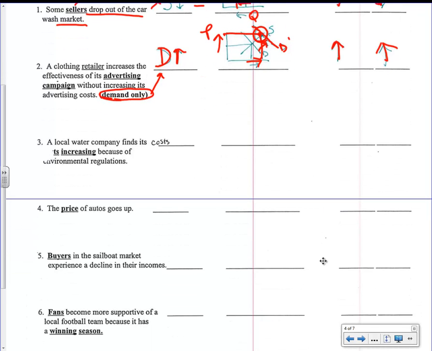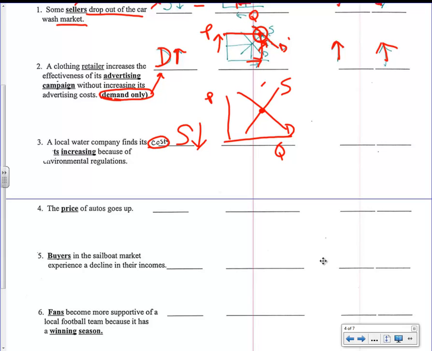Number 3, a local water company finds its cost increasing because of environmental regulations. Cost means increase in price of resources. Cost means supply. If it costs you more to produce, supply is going to the left, supply is going down. So here's our original supply and original demand curve. Price, quantity. So here's our original equilibrium.